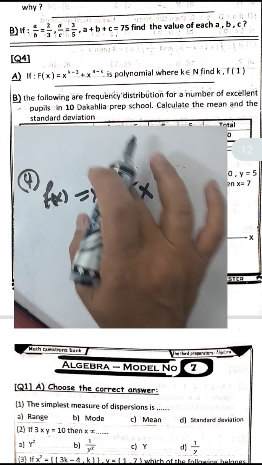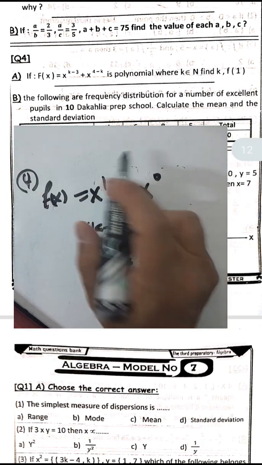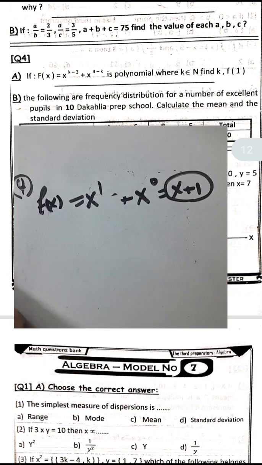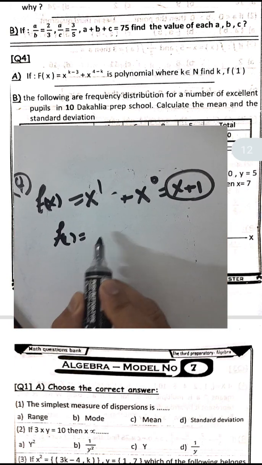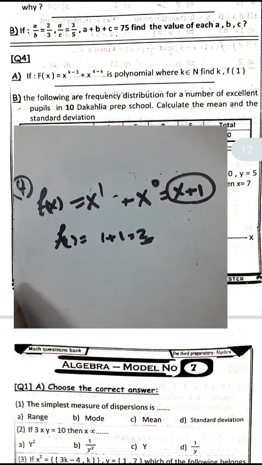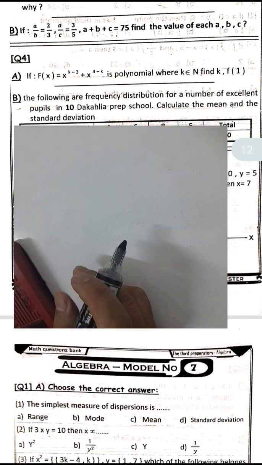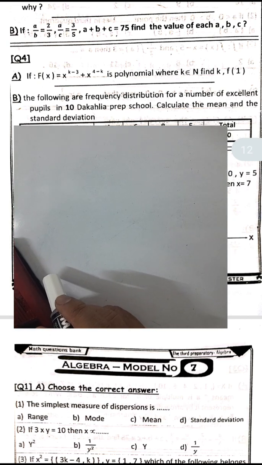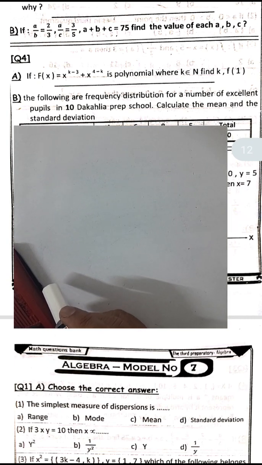Then the result will be x power 1 plus x power 0, so the result will be x plus 1. It's a function. Then f of 1 will be 1 plus 1, which is 2. Polynomial means the power is positive or 0, not negative.